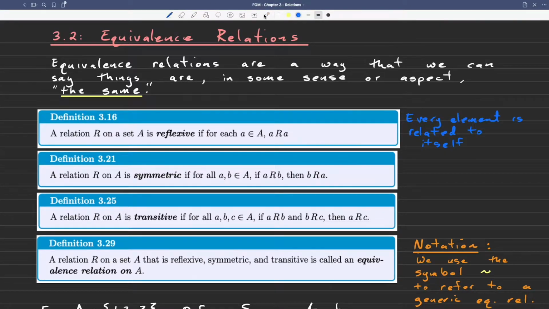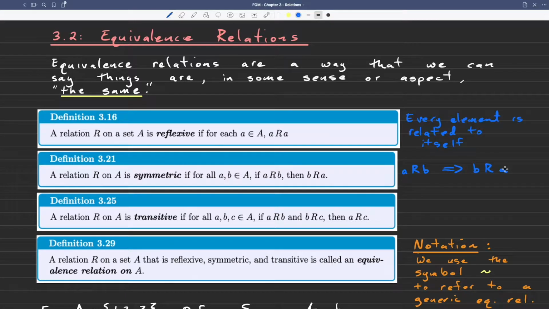The second property, the symmetric property: our relation R on the set A is symmetric if for every a and b in the set, if a is related to b, then it must be the case that b is related to a. So symmetry means anytime you have an (a, b) in the relation, then you also have (b, a). The easiest way to say this one is: a related to b implies b is related to a.